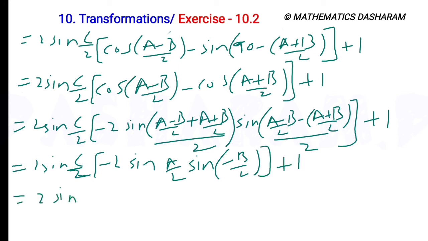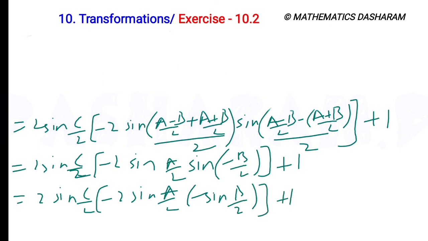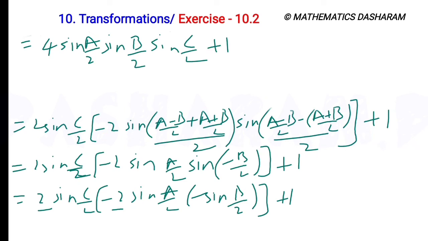So 2 sin C/2 into minus 2 sin A/2, here sin of minus theta is minus sin theta, so minus sin B/2 plus 1. So then it is equal to, here 2 into 2 is 4, and minus into minus is plus, so 4 sin A/2 into sin B/2 into sin C/2 plus 1.